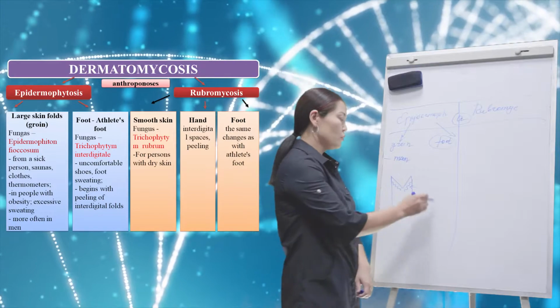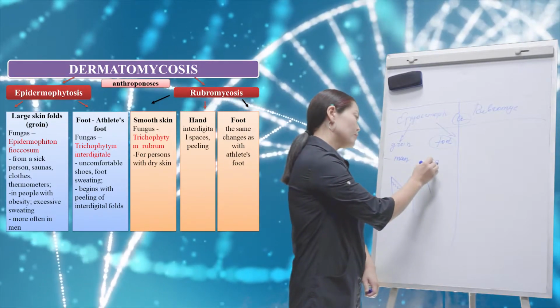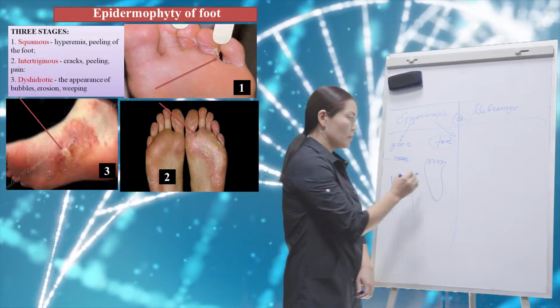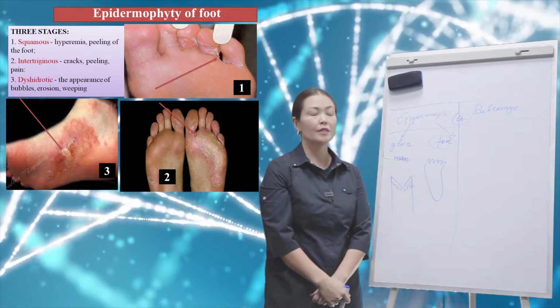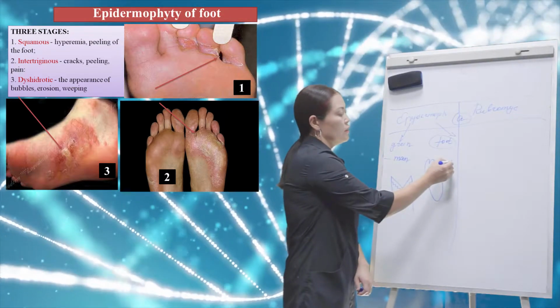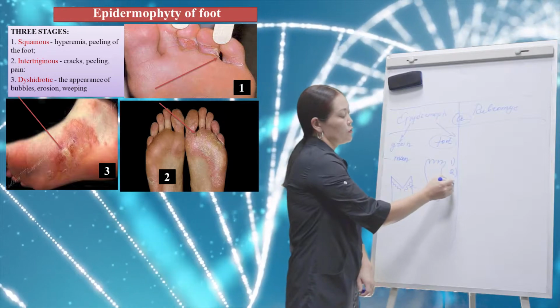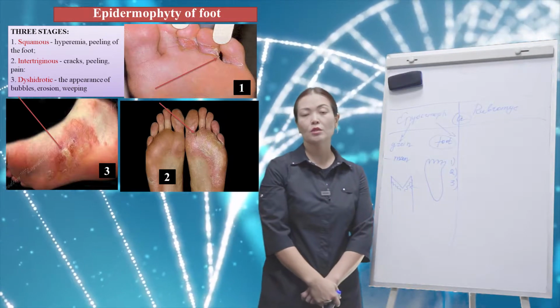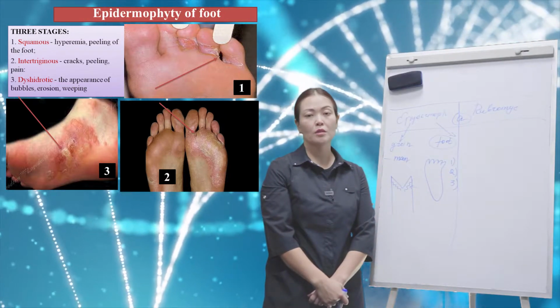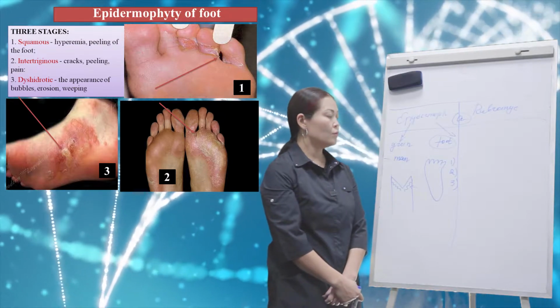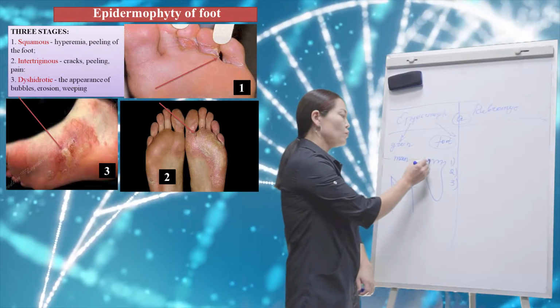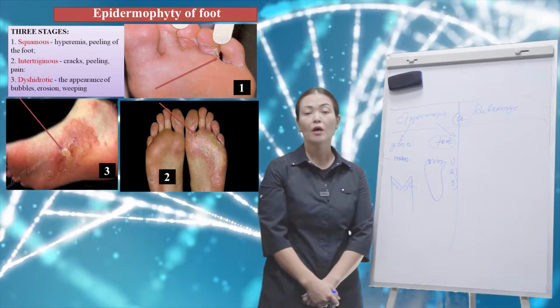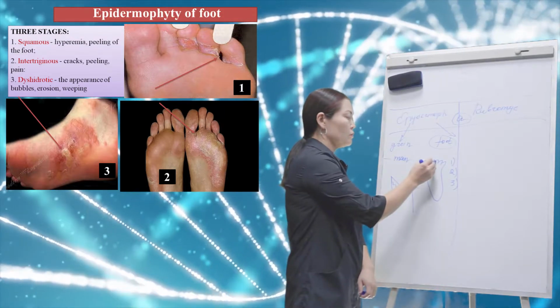So if we take foot epidermophyte, in this disease we can see three main stages. The first stage we call the squamous stage, and in this stage you will first of all see only small, whitish peeling between the fingers of the patient.